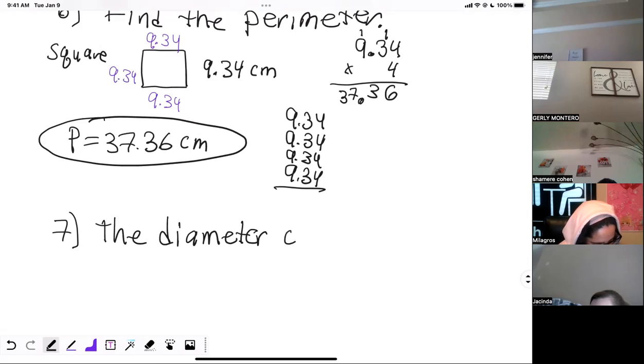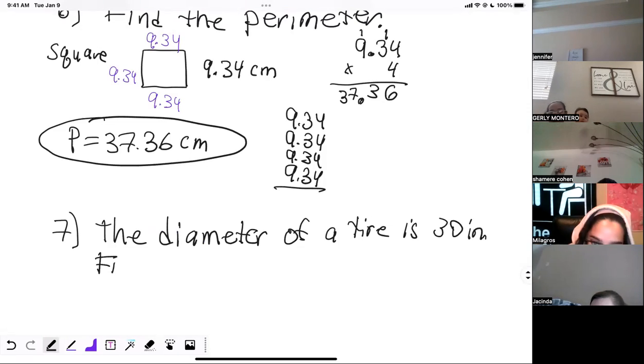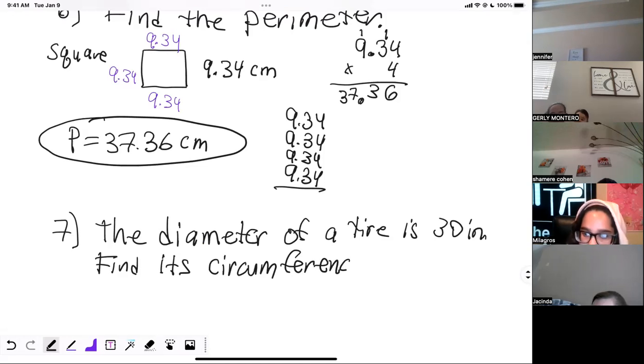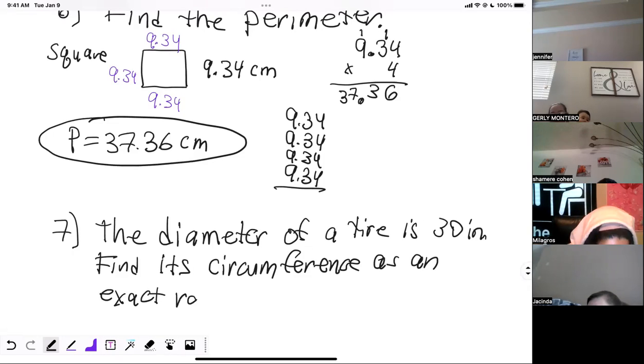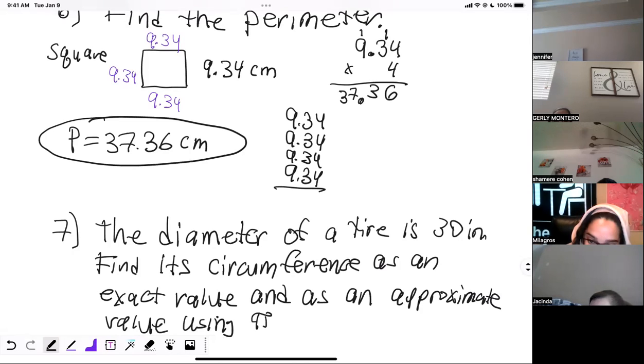The diameter of a tire is 30 inches. Find its circumference as an exact value and as an approximate value using pi equal to 3.14.